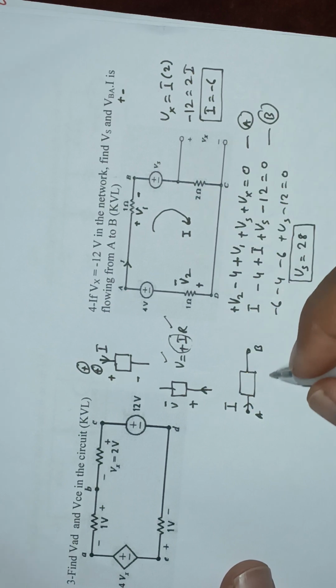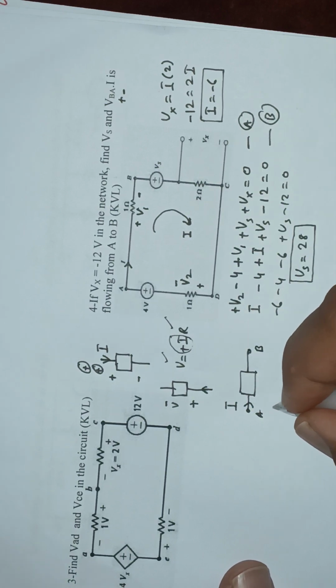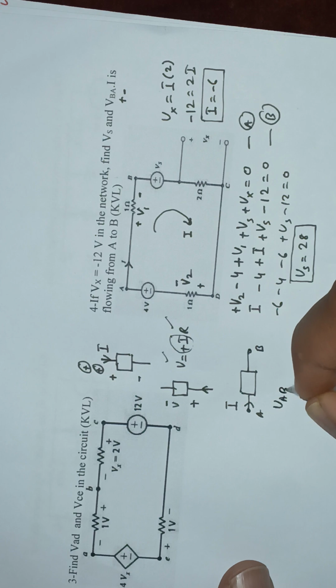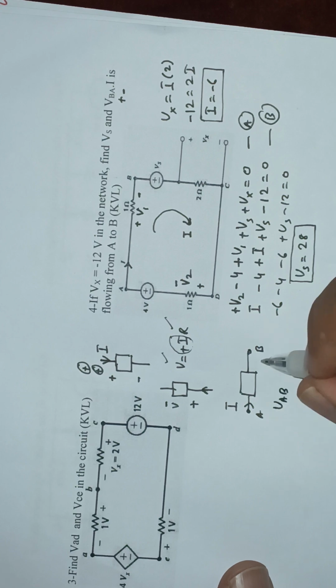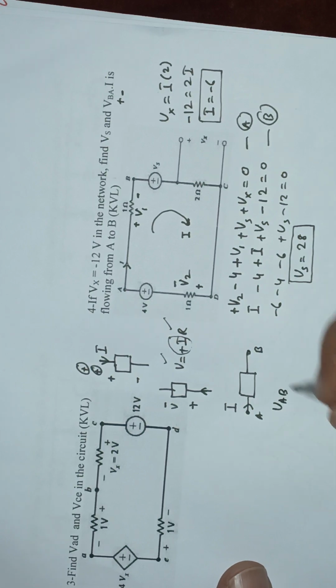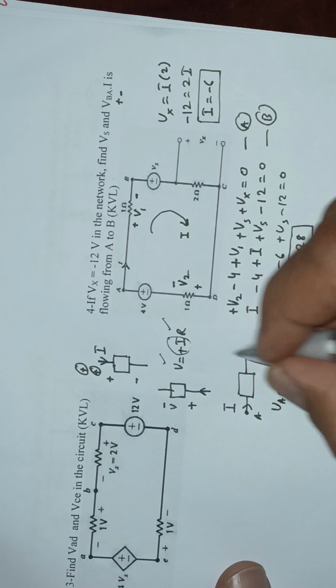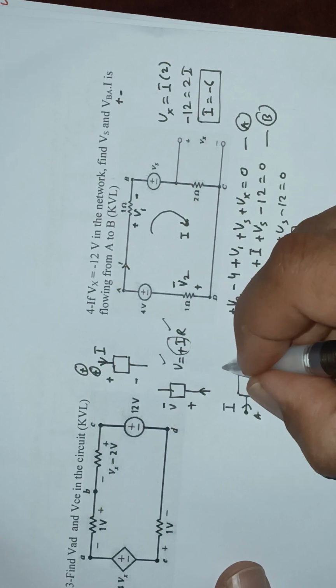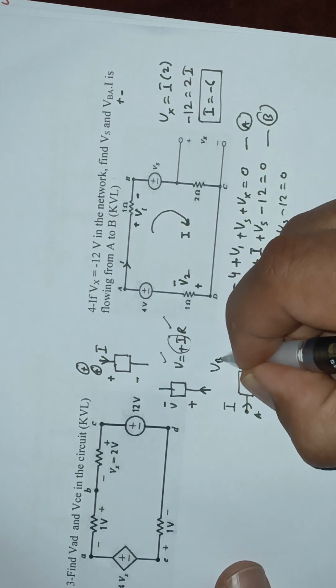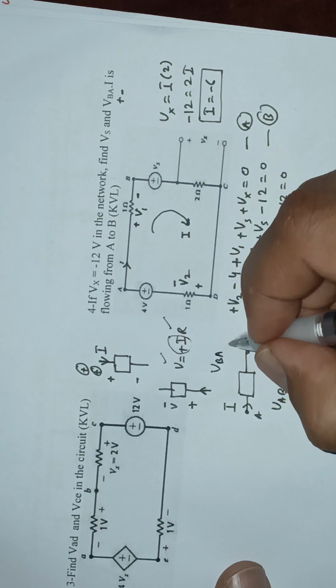And now if I use VAB, it would mean that A is at high potential, B is at low potential. But if I say this voltage is VBA, then B would be at high potential and A at low potential.